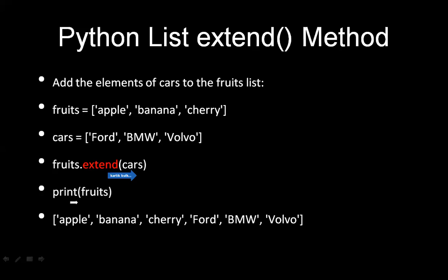When I print the list, you will get the output apple, banana, cherry after Ford, BMW, and Volvo, if you change the name of the list.